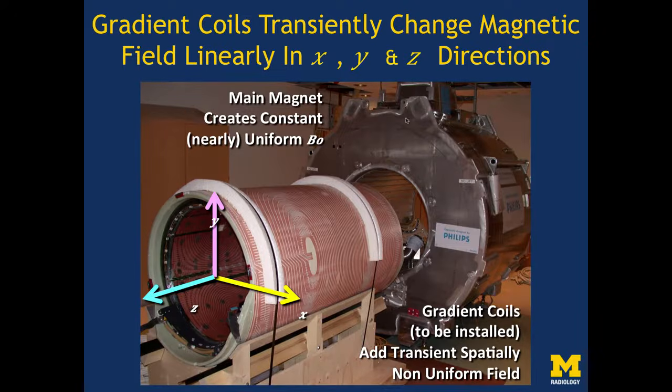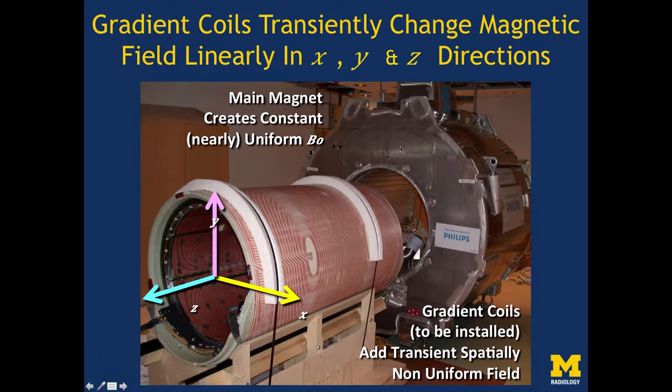This is a construction picture prior to completely assembling the magnet. This is the main magnetic field. It will set up a magnetic field. In this instance, it is a 3 Tesla scanner, or 30,000 Gauss. One Gauss, or rather a half a Gauss, is the Earth's magnetic field.